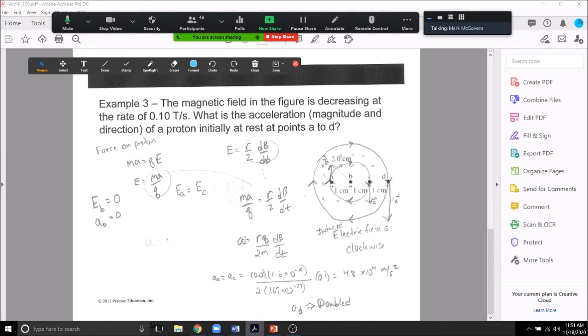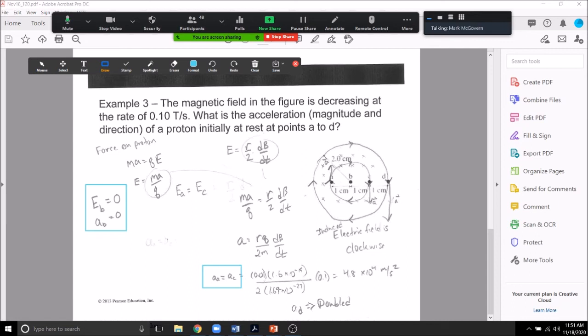So the acceleration now just becomes a function of the distance, right? That's it. Now B is in the center, so R is 0, and the acceleration is 0. So that's my first statement there. Now, point A and point C are at the same distance from the center, so they're going to have the exact same magnitudes for the acceleration, obviously different directions.